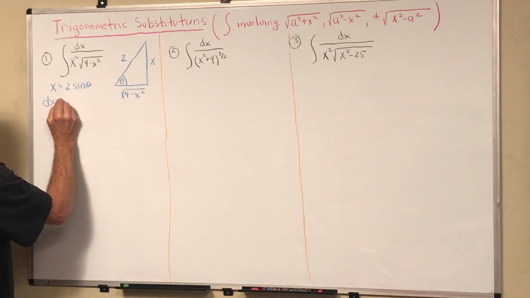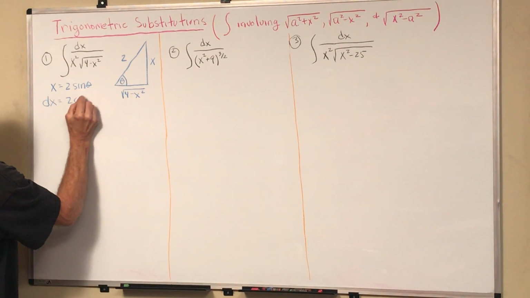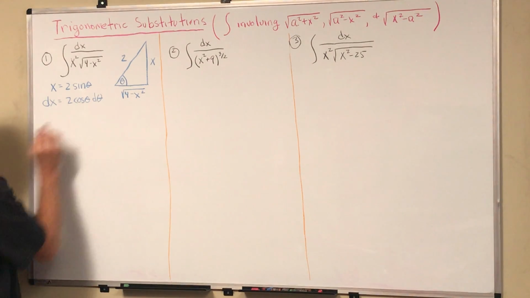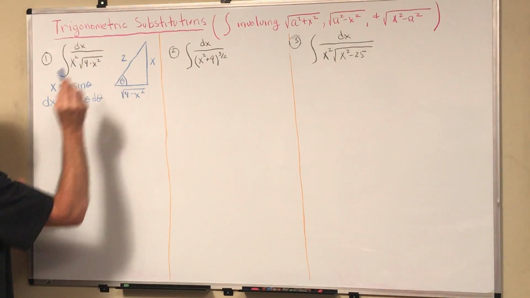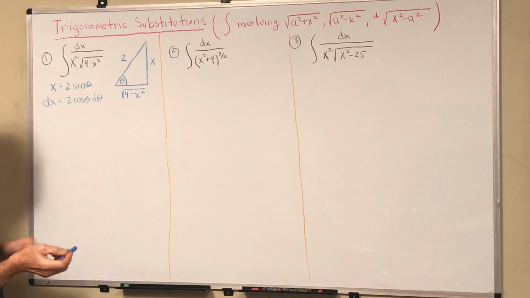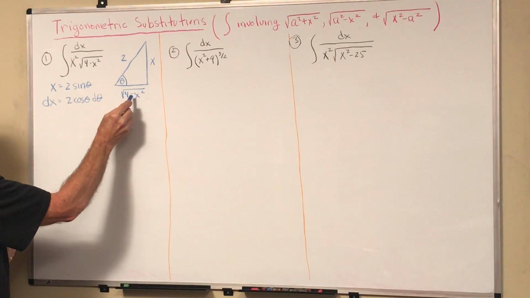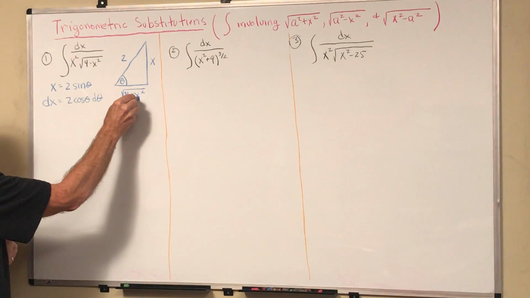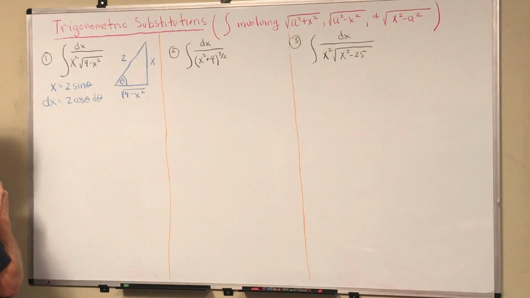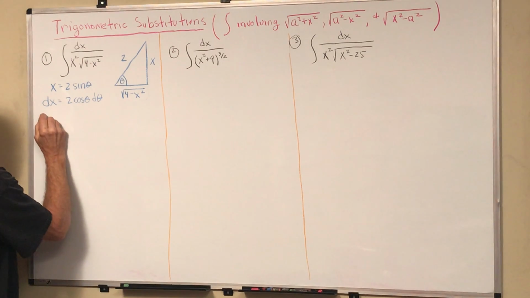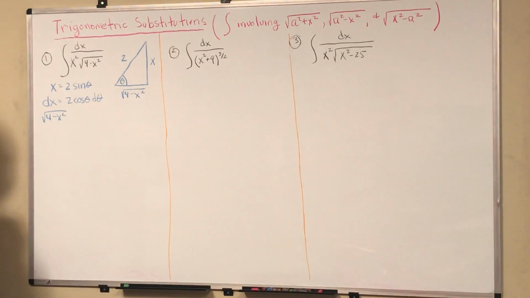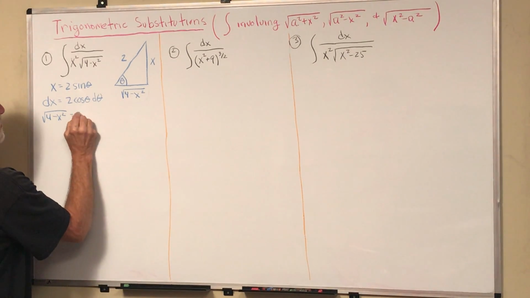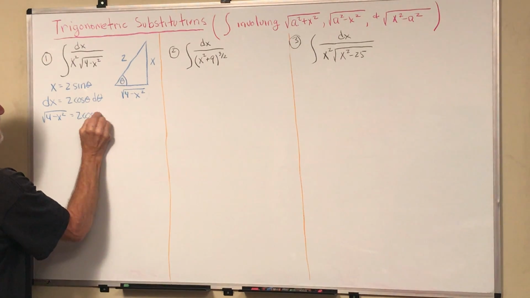So dx is 2 cosine of theta d theta, and then the square root is going to be in our integral, so we have to find out what it is in terms of theta. So we're going to use this divided by this. The square root of 4 minus x squared divided by 2 would be the cosine of theta. So this is 2 cosine of theta.